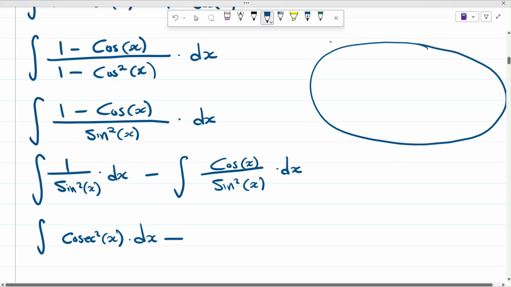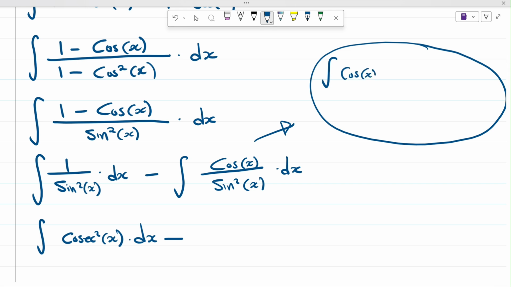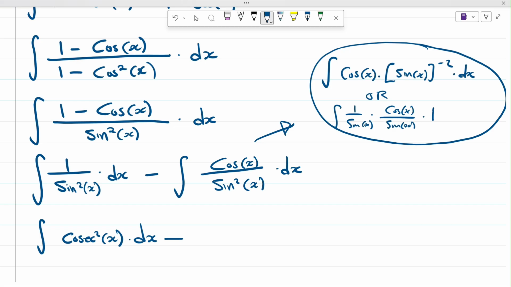Now let me just write what I'm trying to say. This thing could be done in two ways. One could say that this equals the integral of cos of x multiplied by sine of x to the power -2 dx, or one could say this is the same as 1 over sine x multiplied by cos of x divided by sine of x dx.